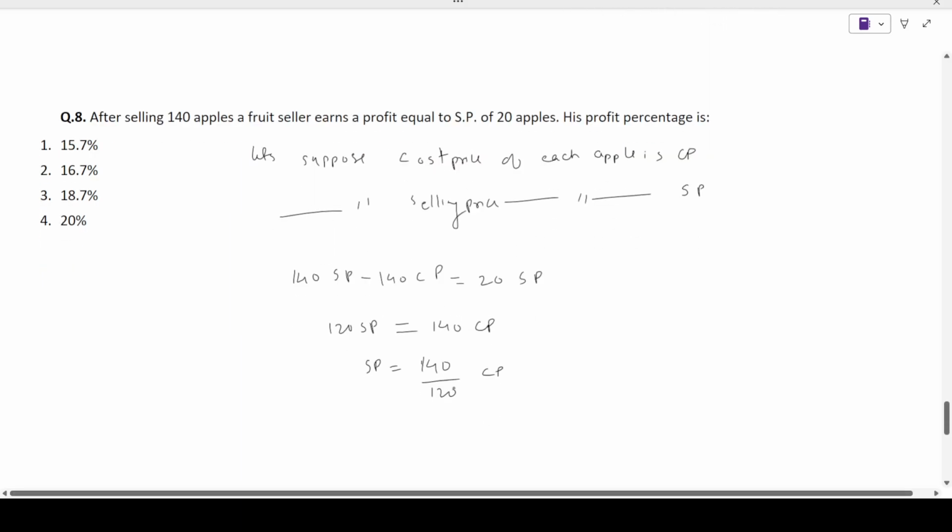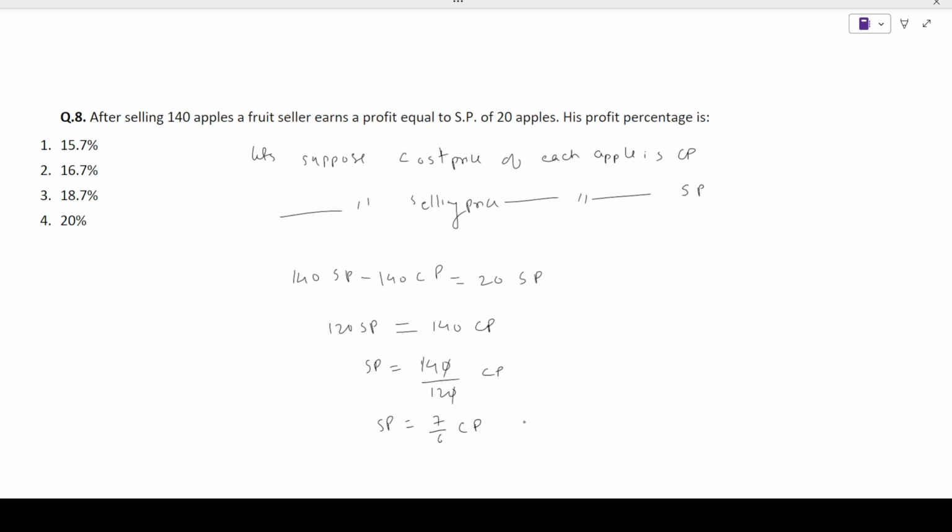Solving this, selling price is equal to 7 by 6 times of cost price. So it is clear that selling price is greater than cost price.